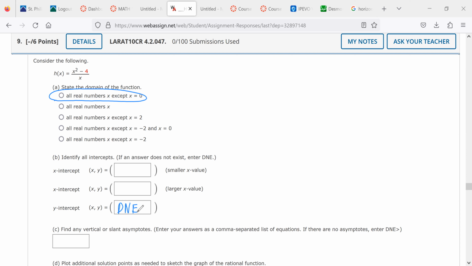In order to find the horizontal, vertical, you can actually just set the numerator to 0. I think this is easier. Solve for x. So this time let's do the square root thing instead of factoring. No reason. I'm just doing it. Smaller one first. Bigger one second.